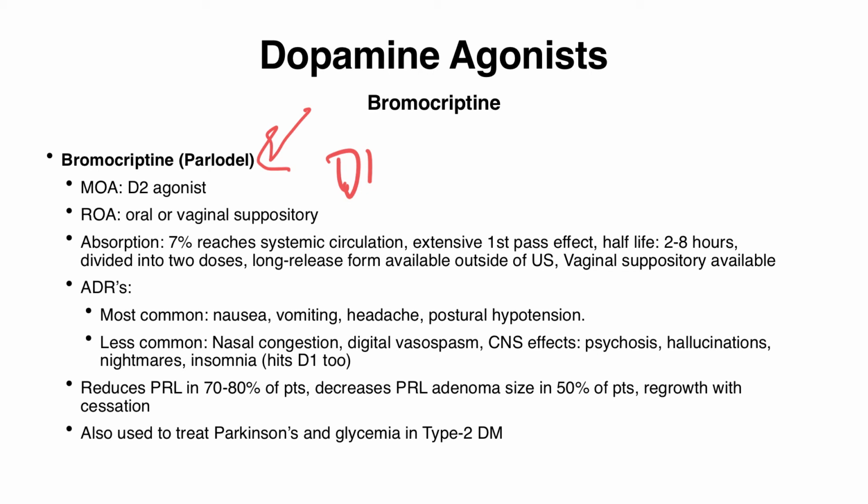Even though that's less than a day, giving it twice a day seems to be sufficient. The vaginal suppository will generally bypass that first pass effect because of the routing around our portal system, so more drug is preserved and you'll have a little bit more in the circulation.